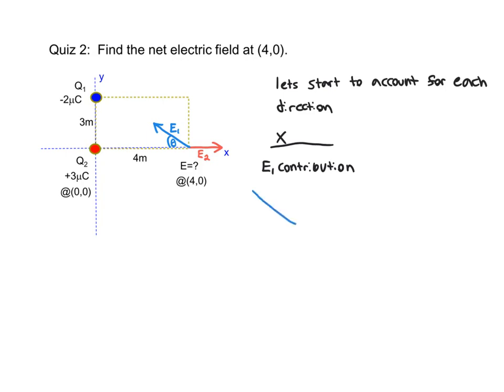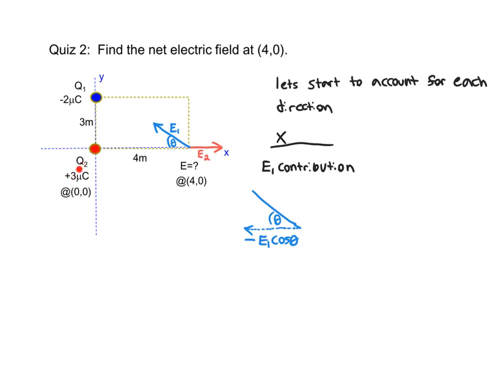So now let's look at this. This is the magnitude of E1, and I'm only interested in the x direction. I'm actually going to write it as negative because this is pointing to the left, which is in the negative direction.